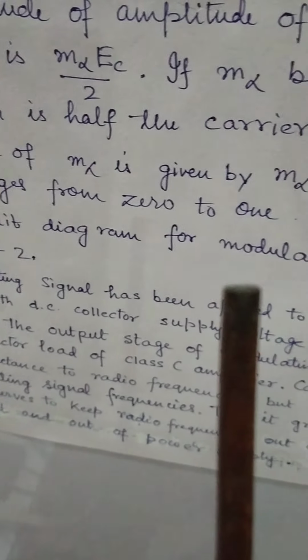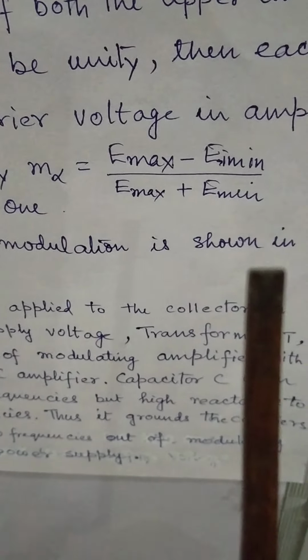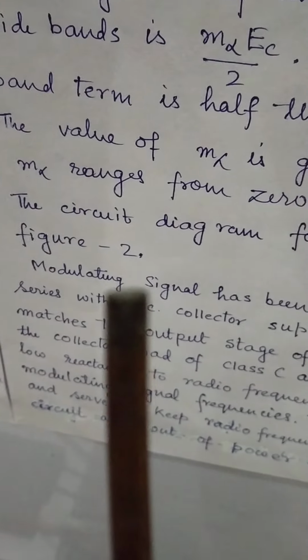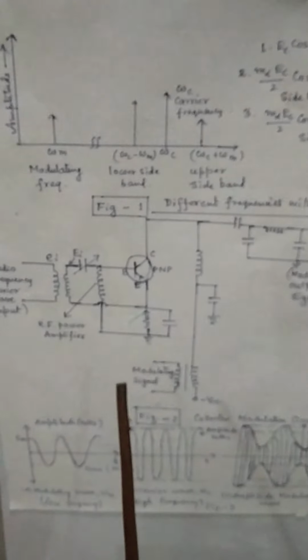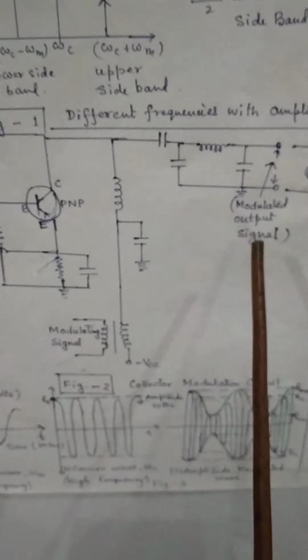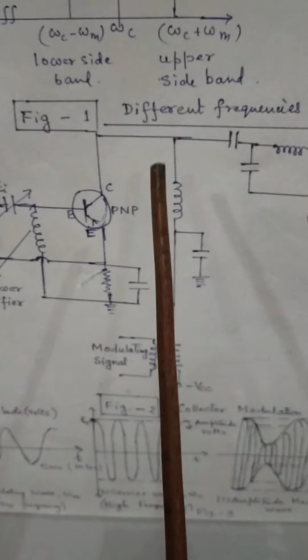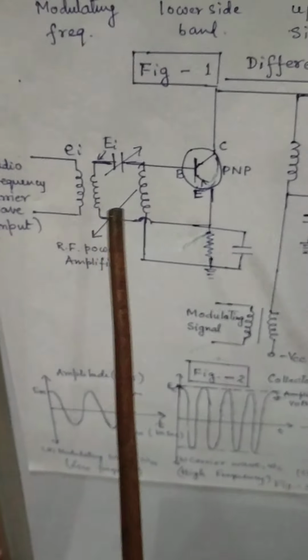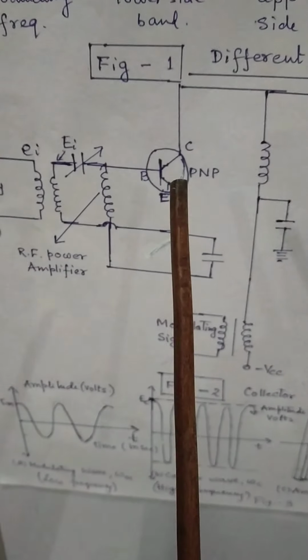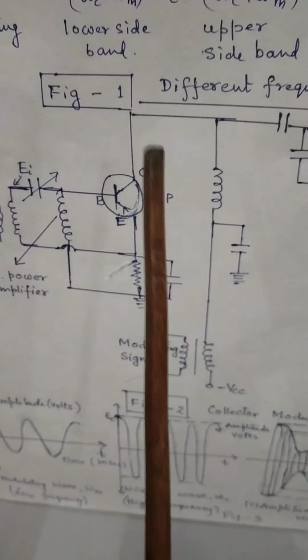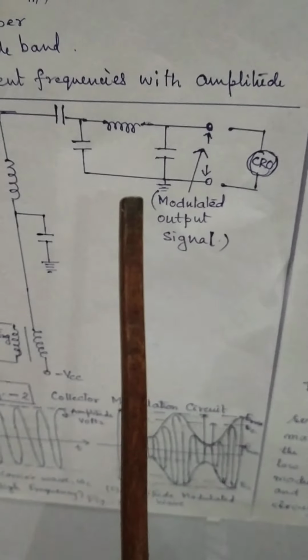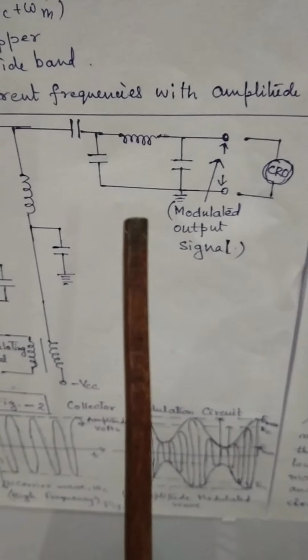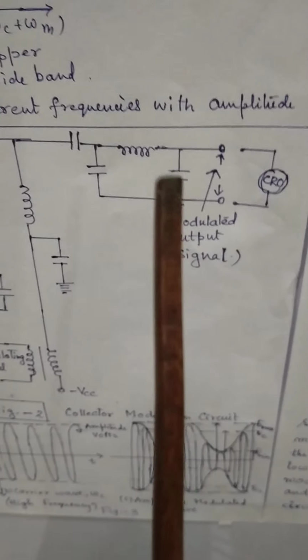The circuit diagram for the modulation is shown in figure 2. We have used a PNP transistor, and the collector circuit gives the output, which is the modulated output signal.